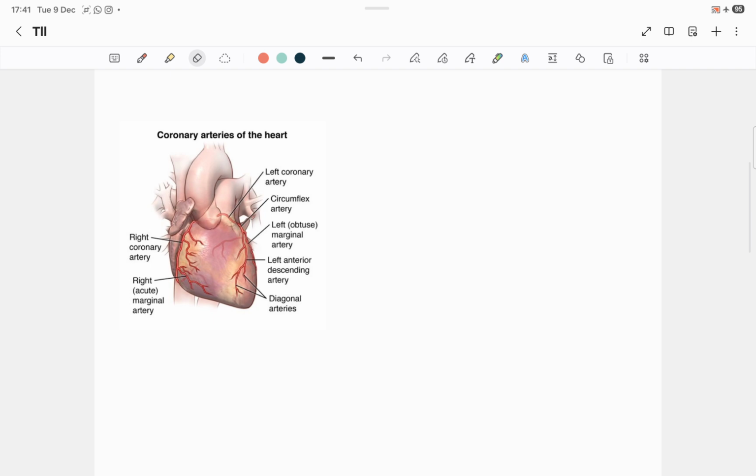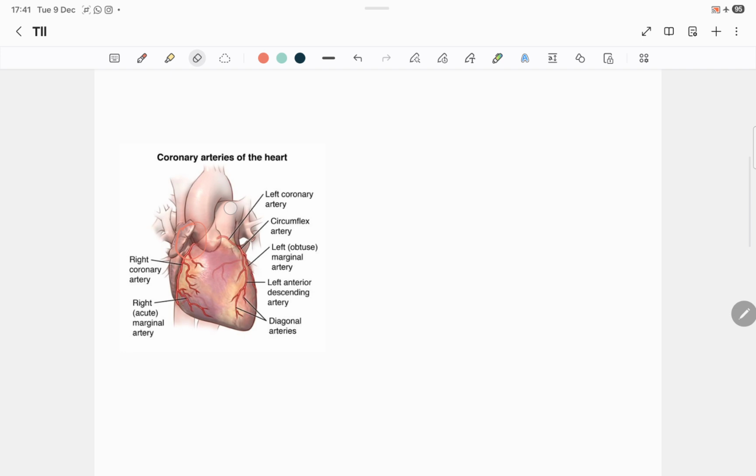Now, as you can observe here, the heart is supplied by two main arteries. Let's use the blue marker so that this is much better. The heart is surrounded by the left coronary artery, sometimes referred to as the left main coronary artery, and the right coronary artery.